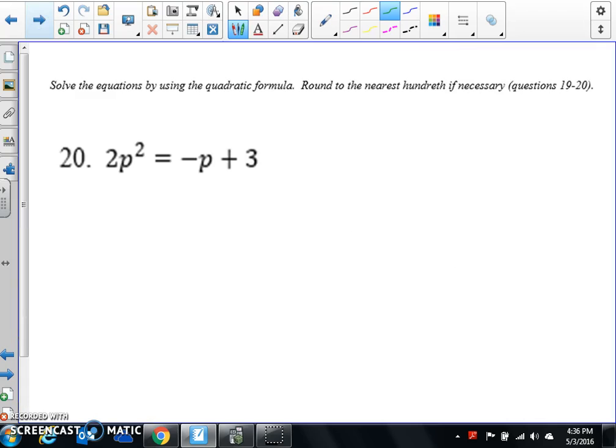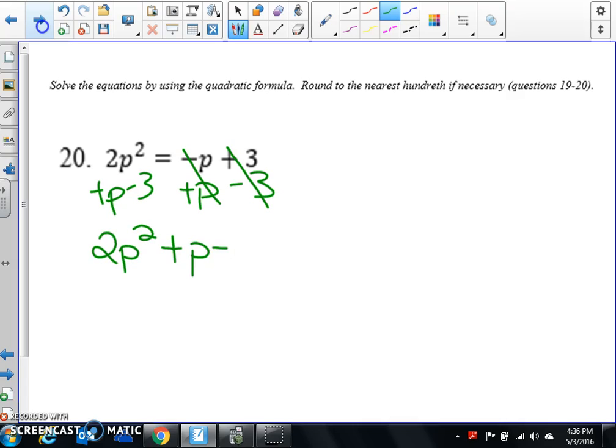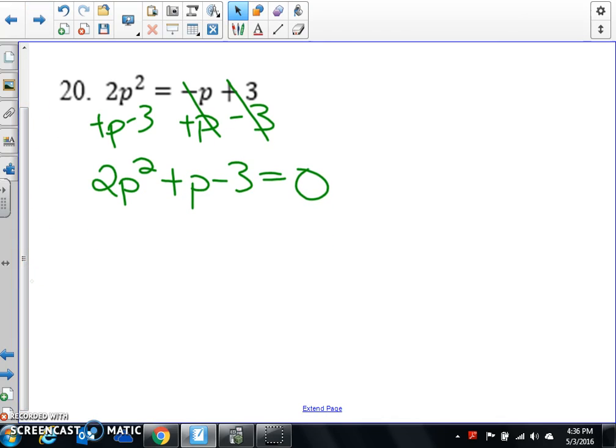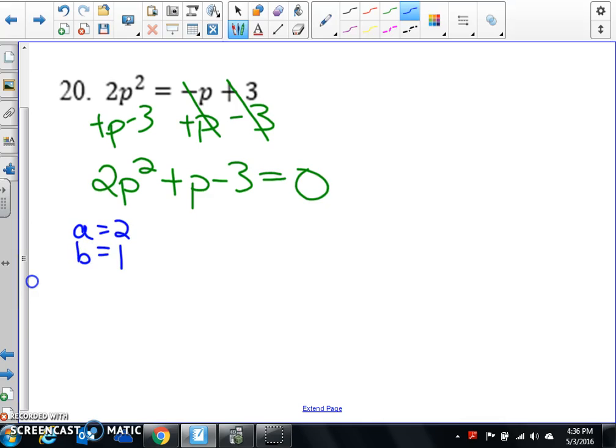All right, same thing with the quadratic formula. So I need to add p and subtract 3 over. So 2p squared plus p minus 3 equals 0. So we have to use the quadratic formula. My a is 2, my b is 1, my c is negative 3.